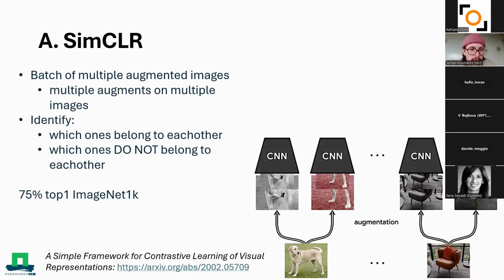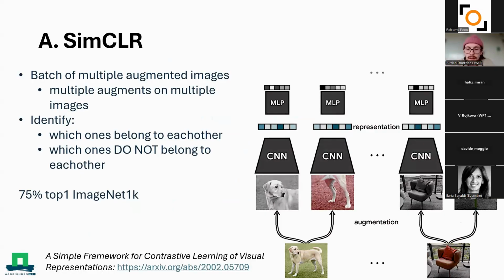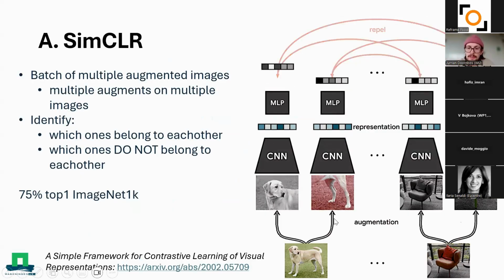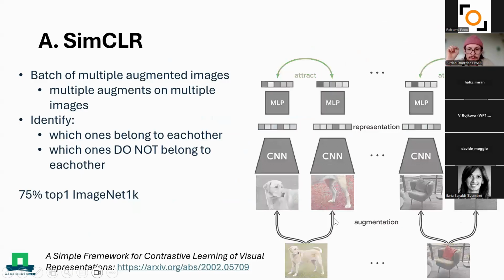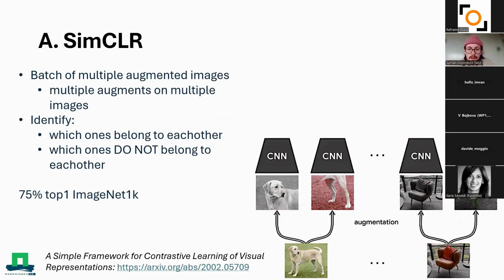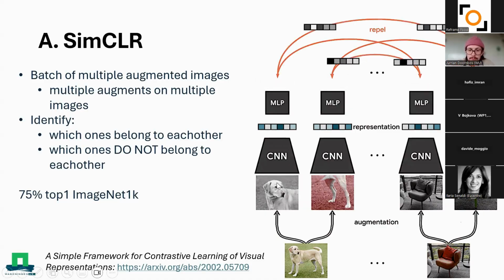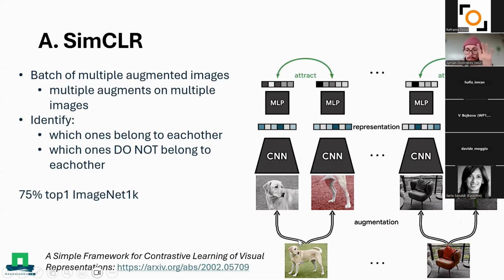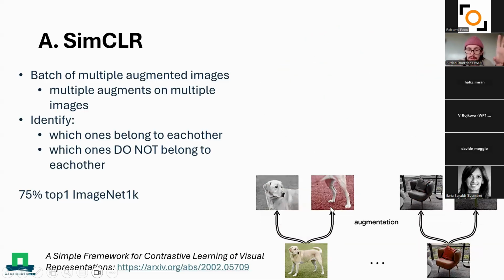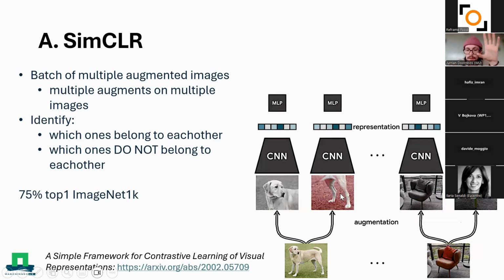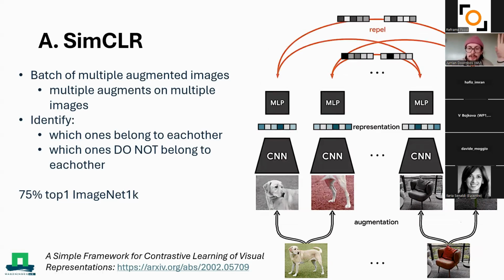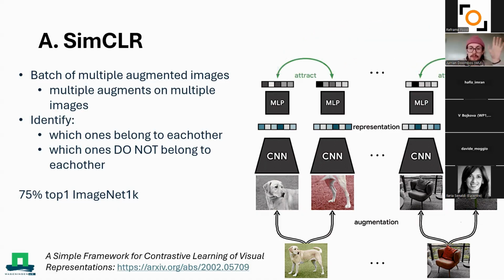So for example, take SimCLR. They have this input image. This GIF is from the GitHub repository that they made themselves. So for example, you have your input image of a dog, and then they make two augmentations of it, one more of a zoomed in crop on the head of the dog, one on the backside of the dog, and then they also shift the colors around a bit.